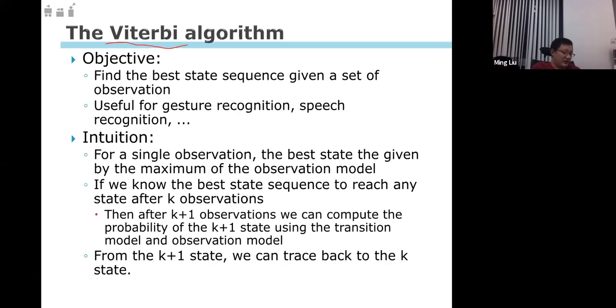The objective is to find the best state sequence given a set of observations. We can use that for gesture recognition, speech recognition, vehicle tracking, and for many things, right? So if you have a dynamic process, and then you want to know about the states transition, the trajectories of the states, you can use this algorithm.